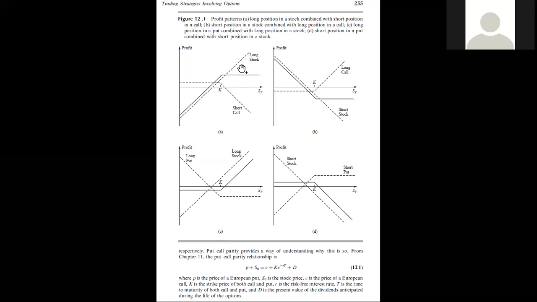Above K, it needs to go up like this, so there must be a long call, and below K, it needs to go down like this, so there must be a short put. So if you combine a long call and a short put, you will create the same profit profile as the long underlying. So you can recreate the long underlying by going for a long call and short put.